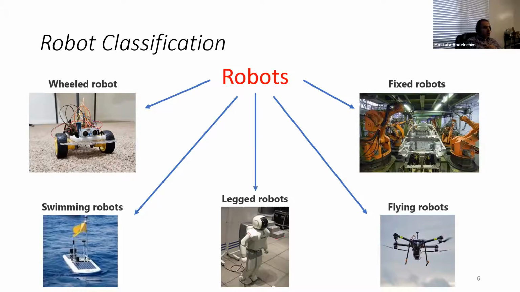You have flying robots like quadcopters. You have the legged robot or humanoid robot. You have a swimming robot, and you have finally the wheeled robot, which is the most famous robot, and the most useful. It has many applications. These applications, and this is the one that we are interested in in this course, the wheeled robot.